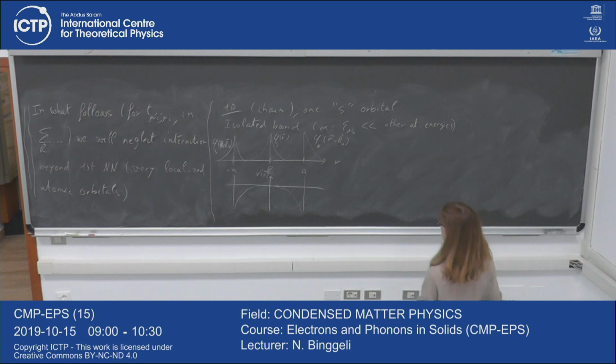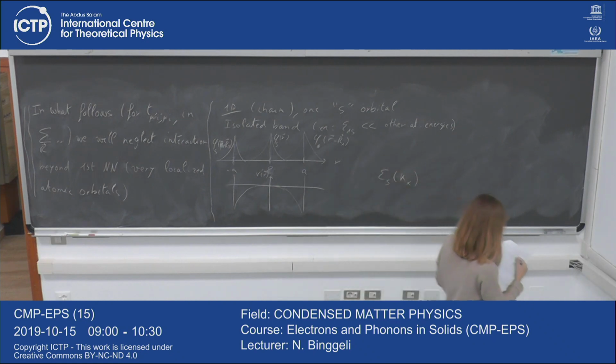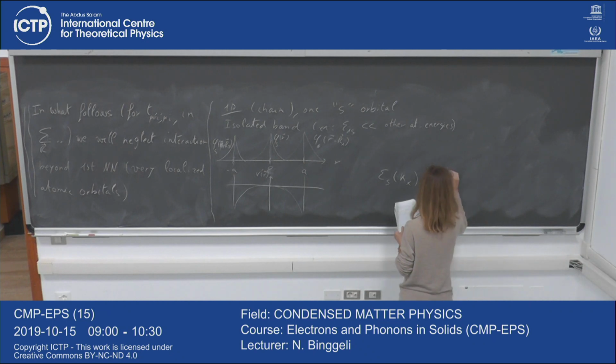So in this case, I will have the energy of my band epsilon s of k, which will be just kx in my one-dimensional system. So it will be the atomic energy.